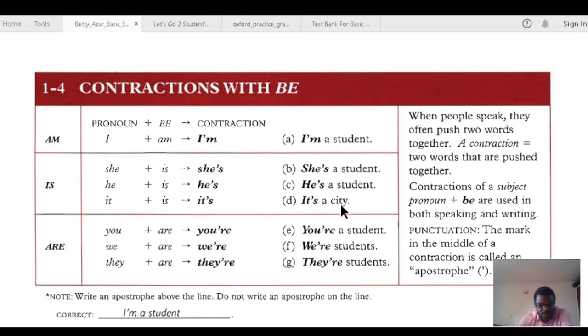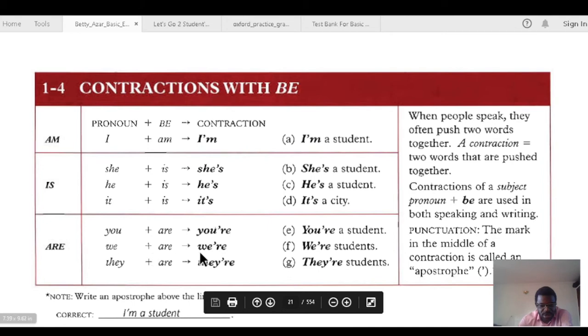If the noun is singular, it is a city. That's why we use a city. Here you have you plus are, you are; we plus are, we are; they are. You are a student, we are students, they are students.